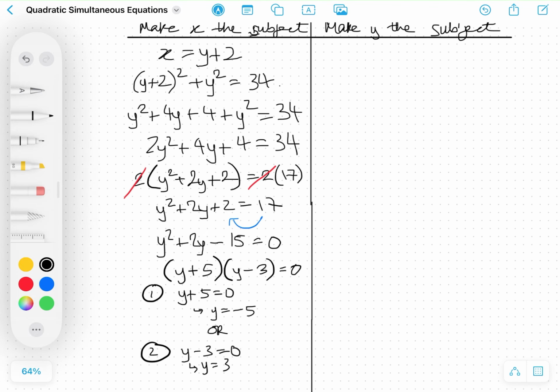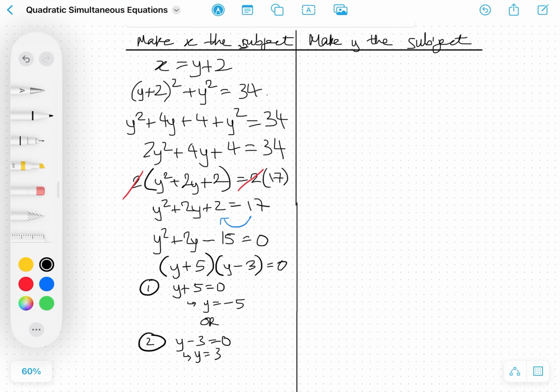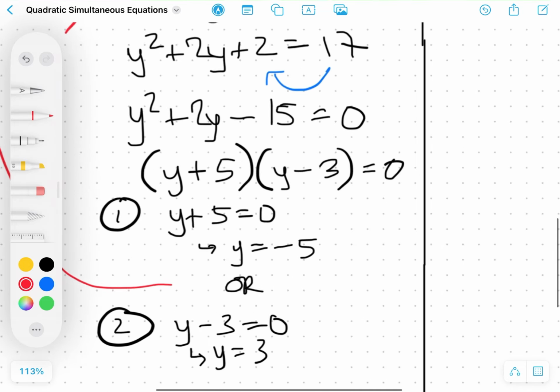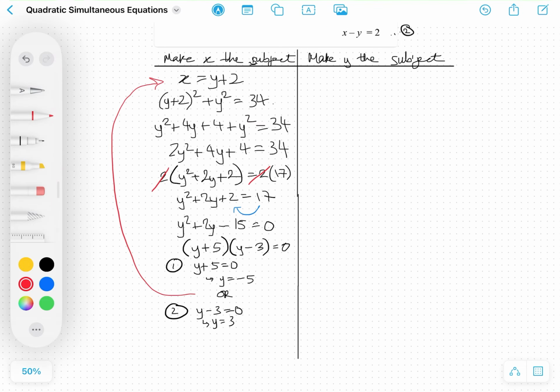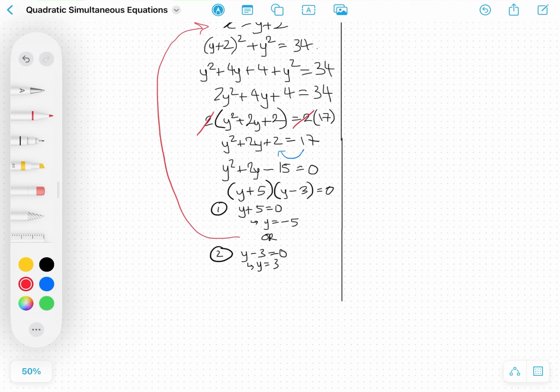So now what we do is we take these two solutions and substitute them back into the original x equals y plus 2.